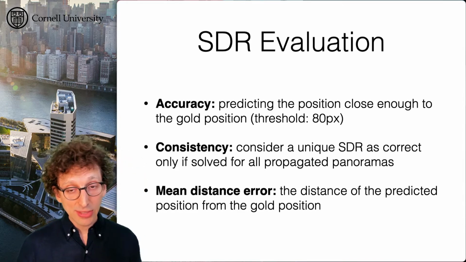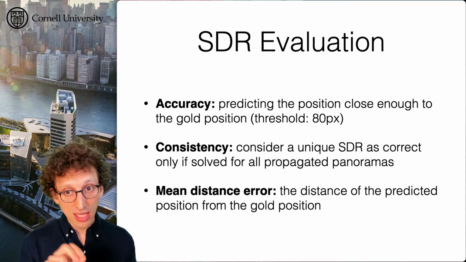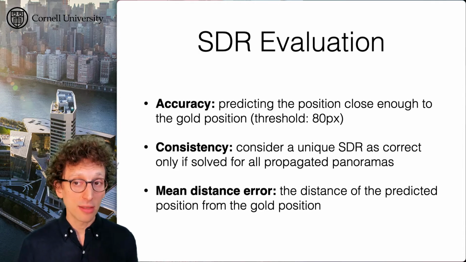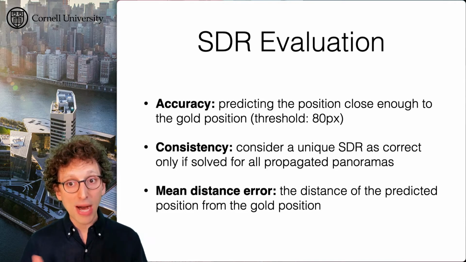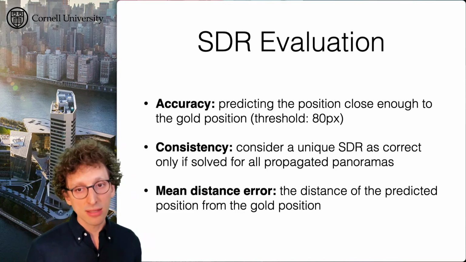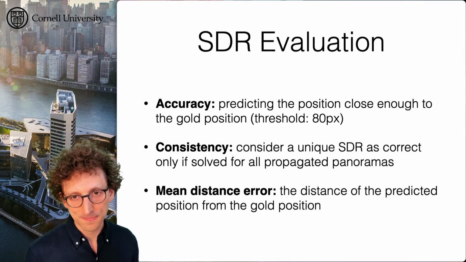We get a point only if we solve all the propagated panoramas for the same SDR text correctly. So this really allows us to see whether the models are robust to changes in perspective. And we can also measure the mean distance error: given that you selected the pixel, how close you are to the goal position.